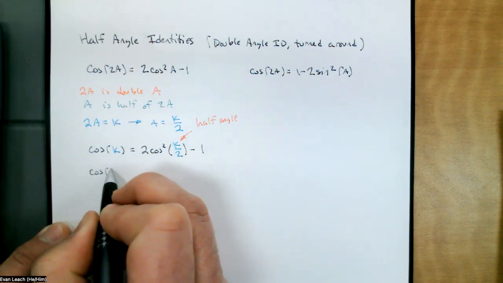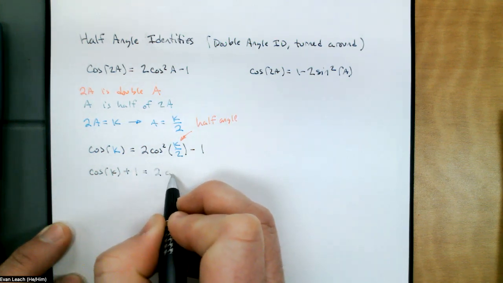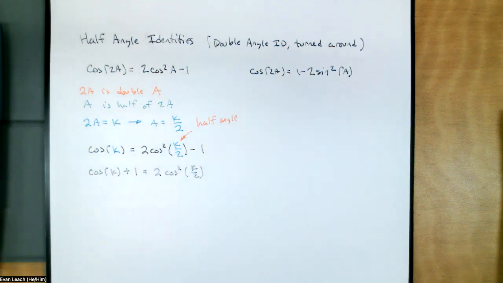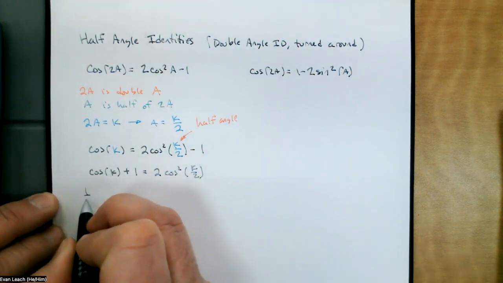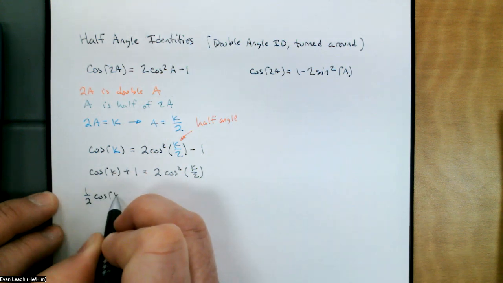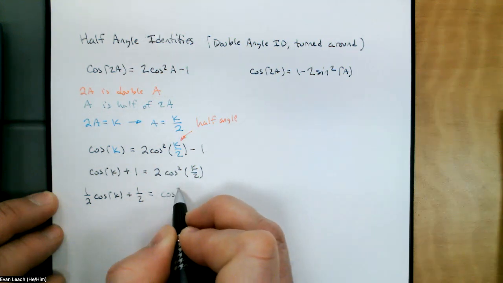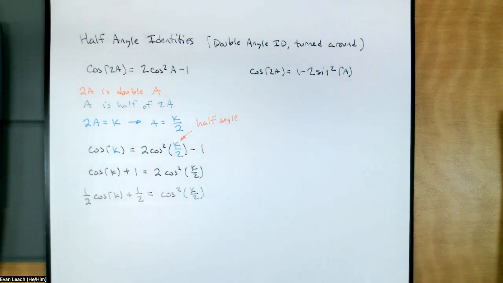So the cosine of K plus 1 is 2 times the cosine squared of K over 2. Next, we can undo the multiplying by 2 with some dividing by 2. So a half of a cosine of K plus 1/2 is cosine squared of K over 2. I just divided everything by 2.